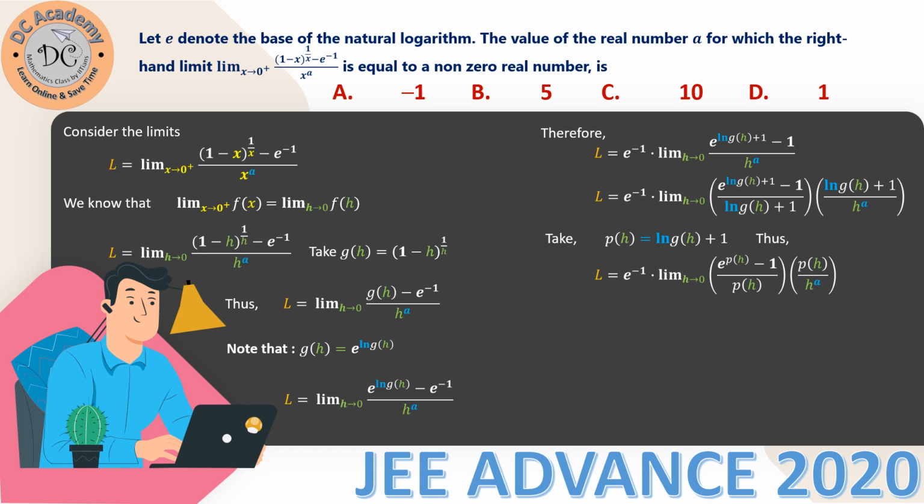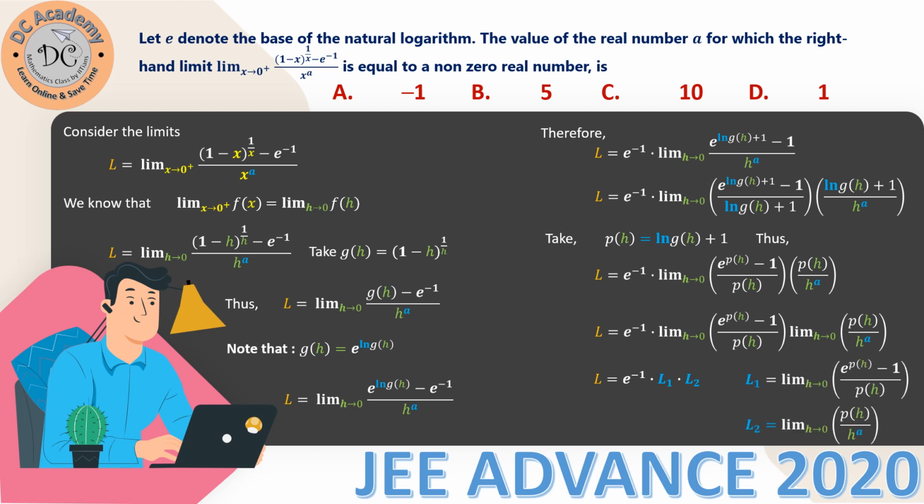So we consider L is equal to e to the power minus 1 times L1 times L2, where L1 and L2 are the two separate limits. Now we need to calculate L1 and L2 separately, substitute them back, and our job is done. So let's go ahead and calculate the L1 and L2 limits separately.